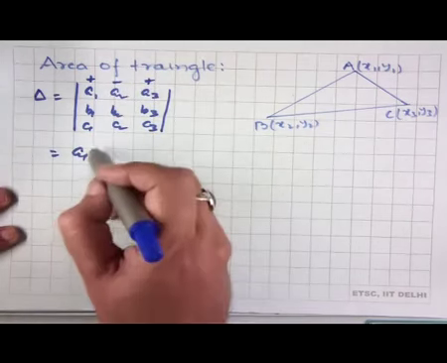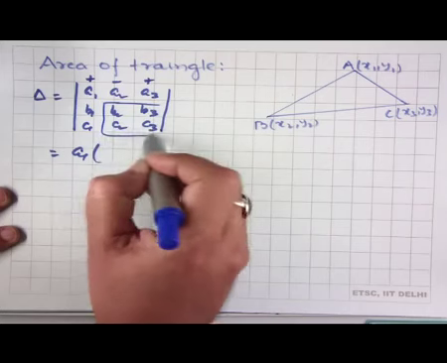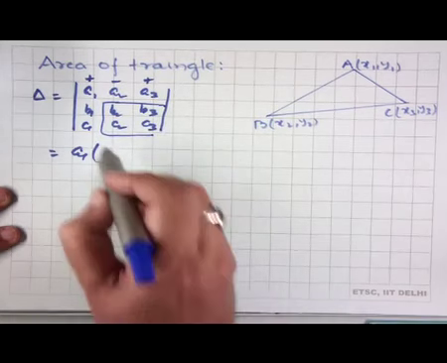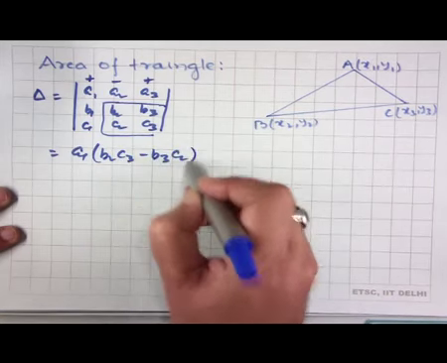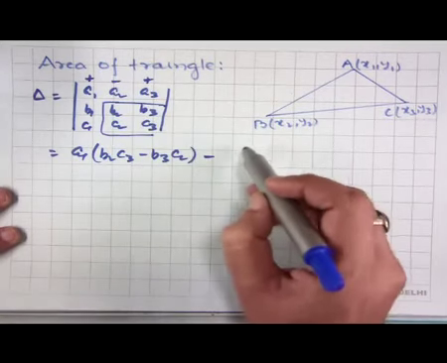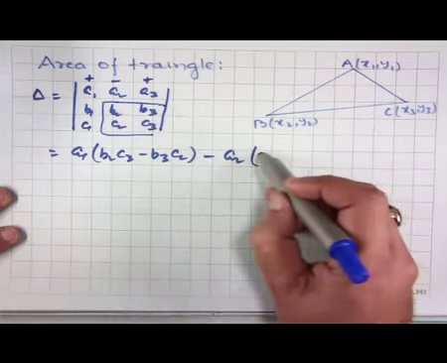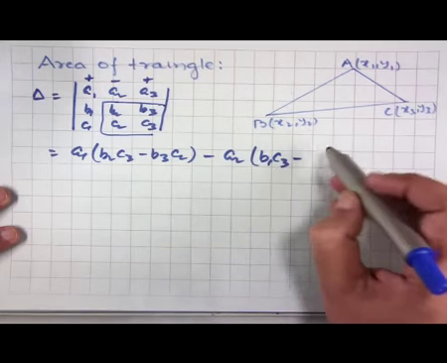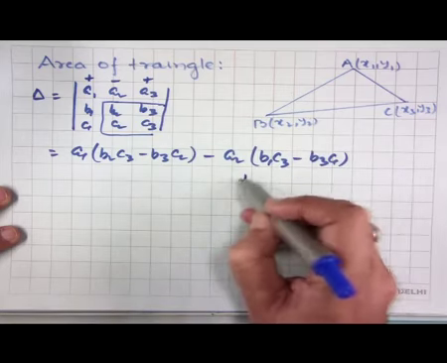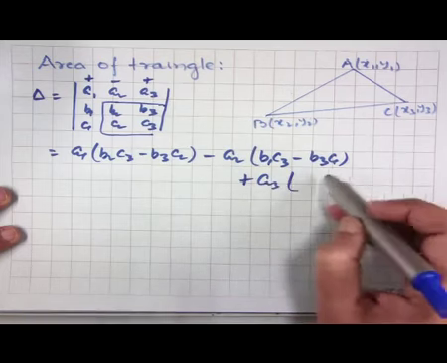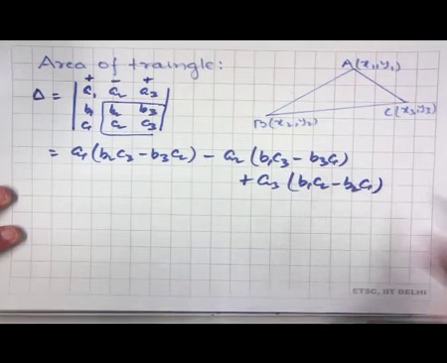So a1 times b2 c3 minus b3 c2, then minus a2 times b1 c3 minus b3 c1, and plus a3 times b1 c2 minus b2 c1.